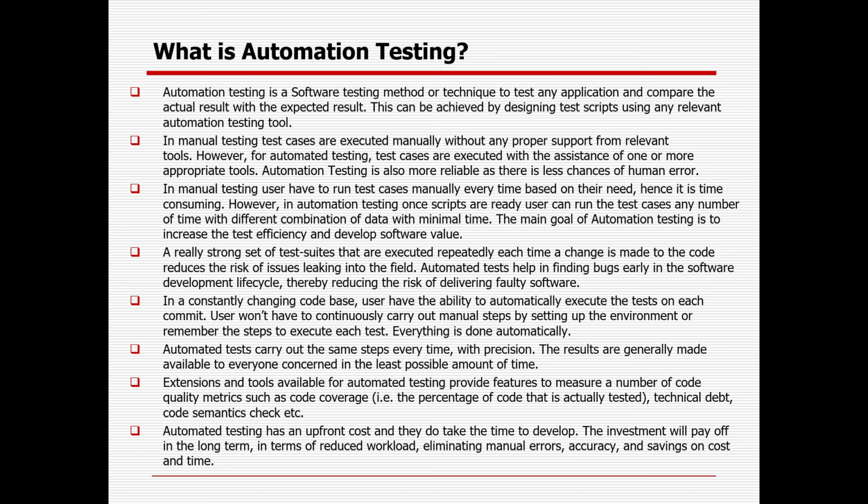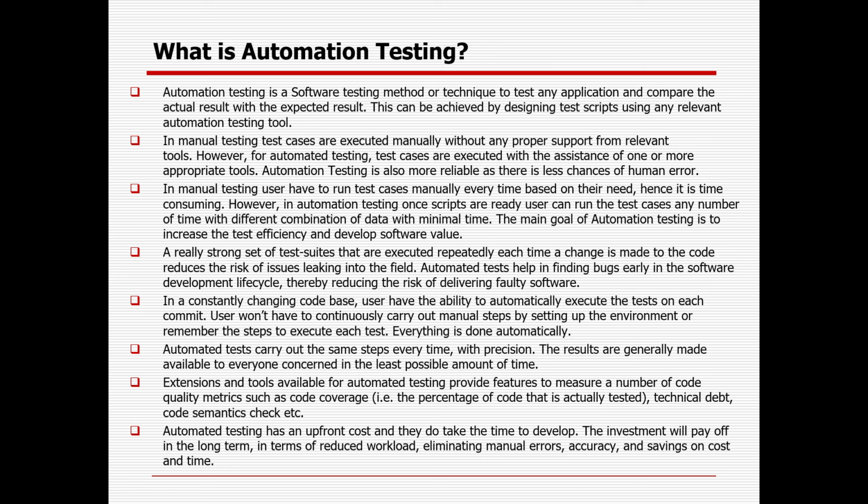However, in automation testing, once scripts are ready, users can run the test cases any number of times with different combinations of data with minimal time. Apart from that, the same test cases can be run on different operating systems and different browsers with minimal manual intervention.